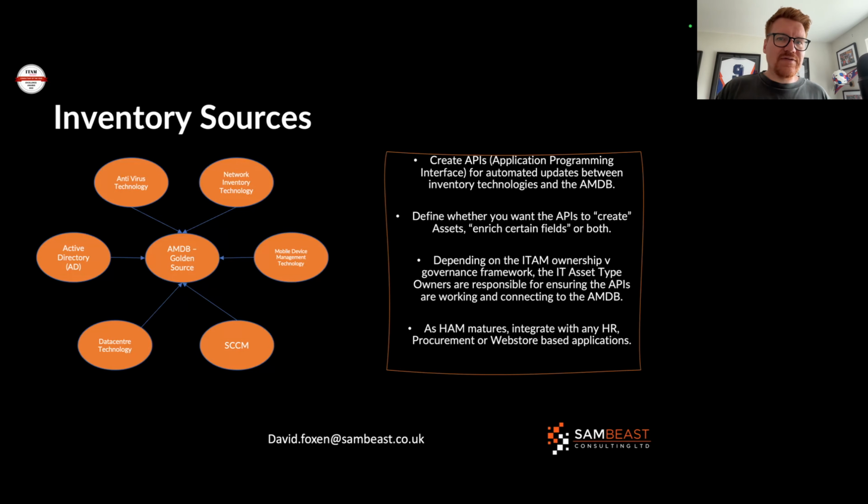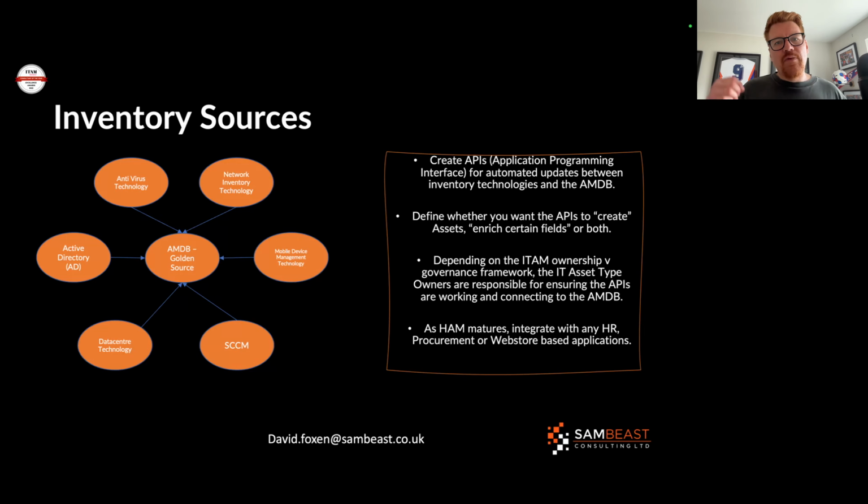So you may have someone who isn't aware of that, has added the asset into the AMDB manually. It's then come in and said, oh no, I can't find an exact match because there's an S in front of the serial number of that one, I'm going to create another asset. And you get a lot of duplication and even more cleanup that you need to do within your AMDB, and it just really does screw the data accuracy that you have within your asset management database if you do that.